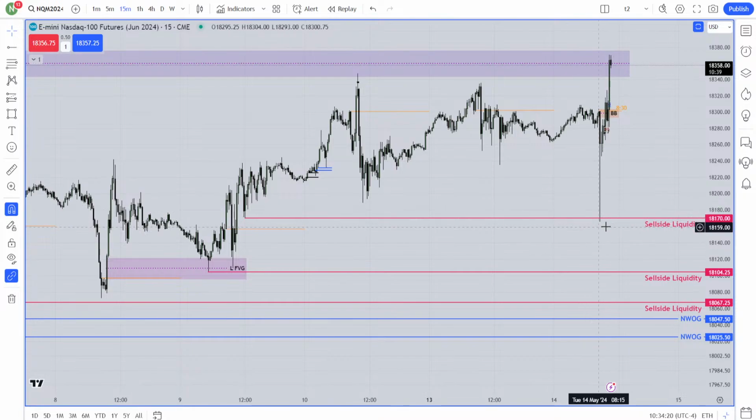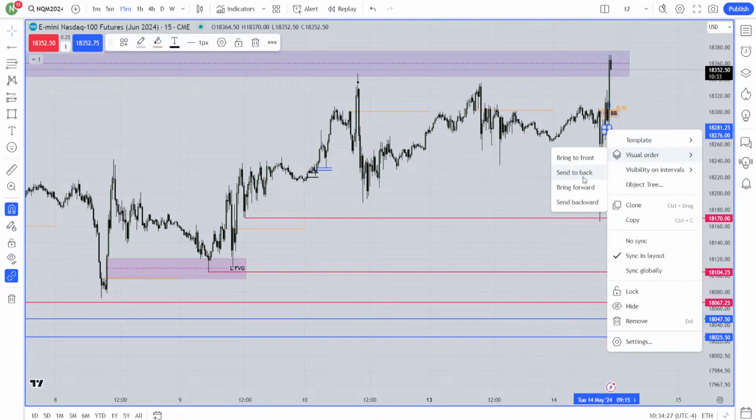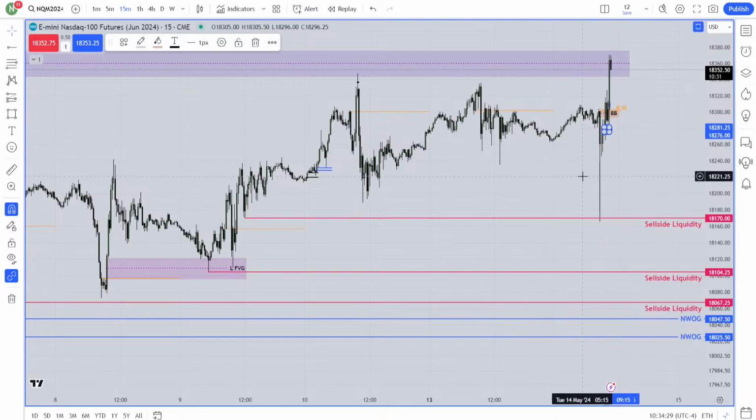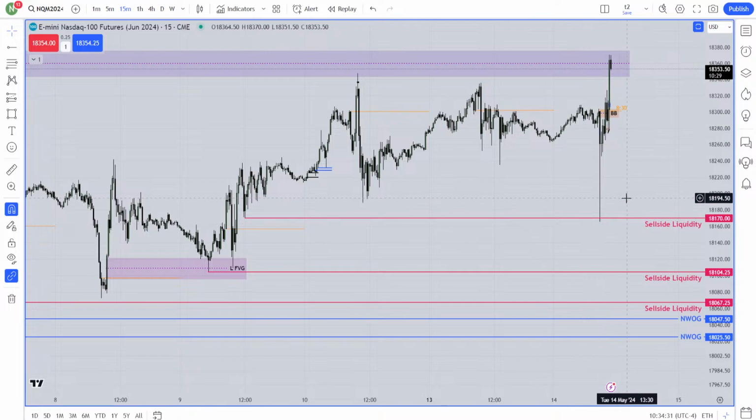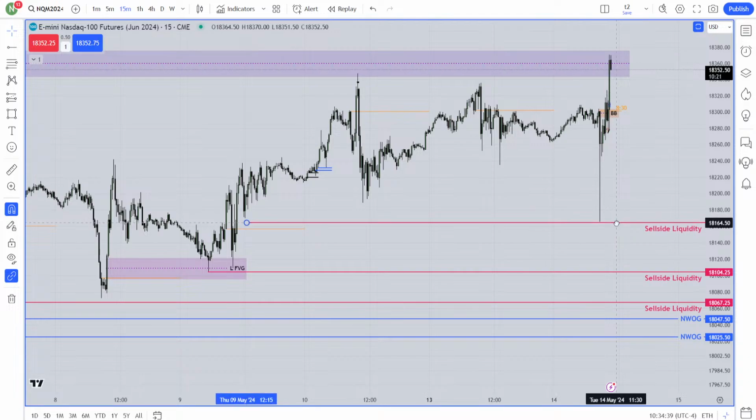Can anyone tell me exactly what I called it? That's a shallow run. Absolutely, brother. That's a shallow run. If I see a shallow run, I actually mark the low of that shallow run and I call it obvious liquidity. That's called the obvious liquidity.